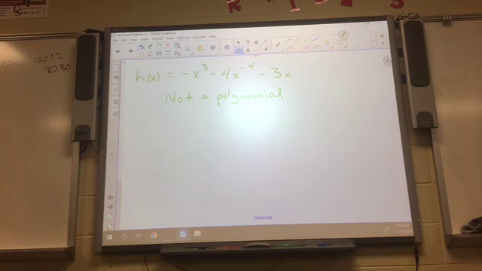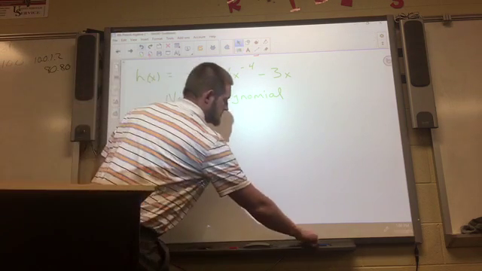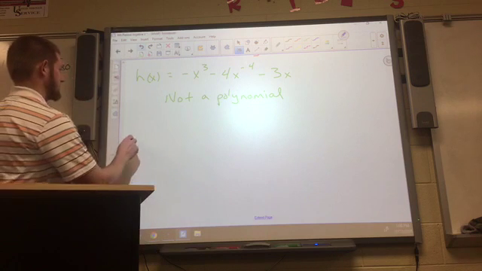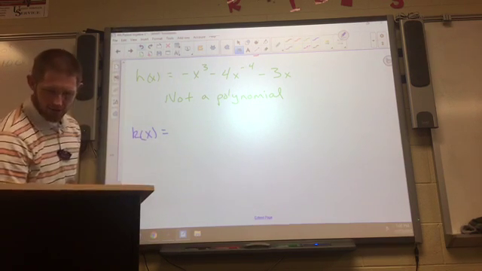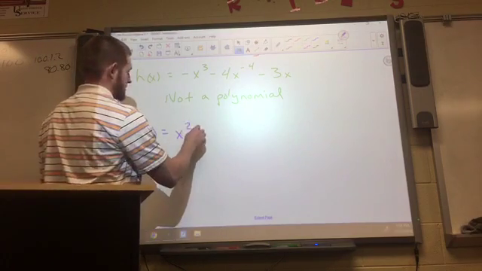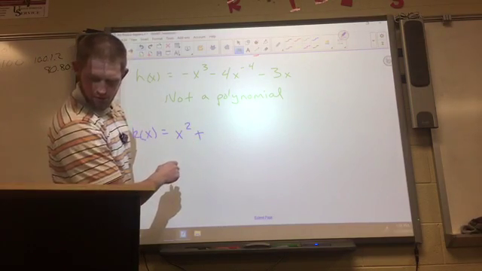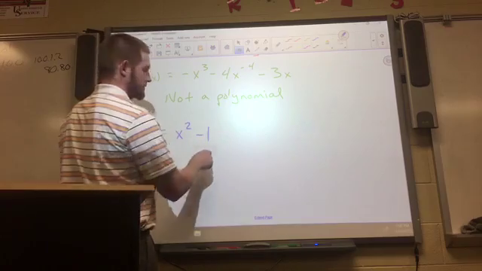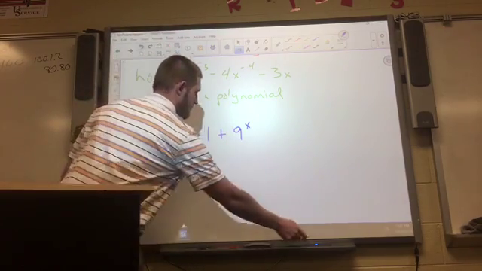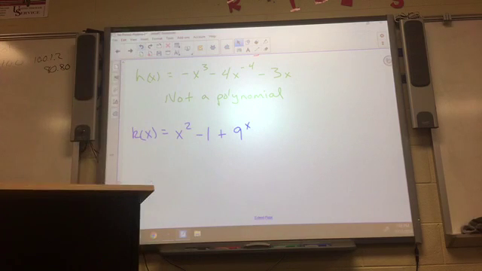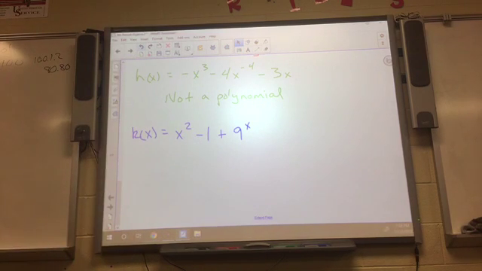The last one I want to look at, k of x, they give me x squared plus, minus 1, not that that really matters, plus 9 to the x power. Polynomial? No. If things look weird, it's not going to be a polynomial.